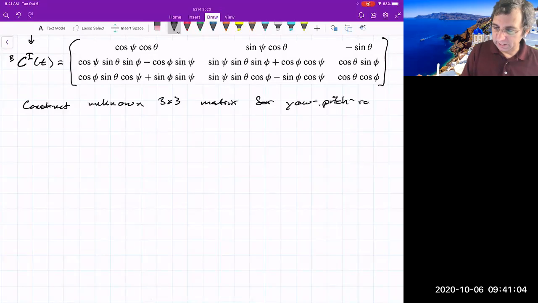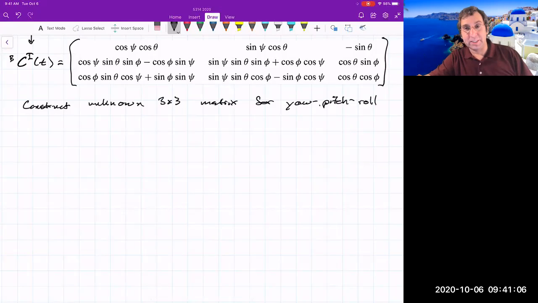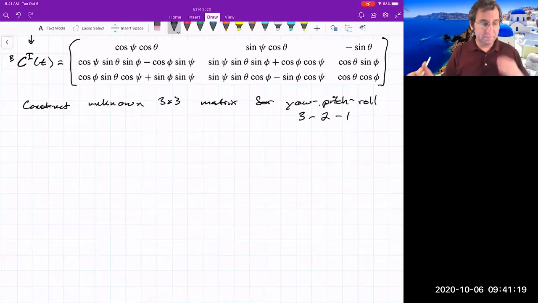If you remember from last time, we said there were actually 12 different sets of Euler angles. So the matrix we're going to find is only true for the yaw, pitch, and roll, which is also known as the 3-2-1 convention, because you first rotate about the number 3 axis, then the new number 2 axis, and then the new number 1 axis.